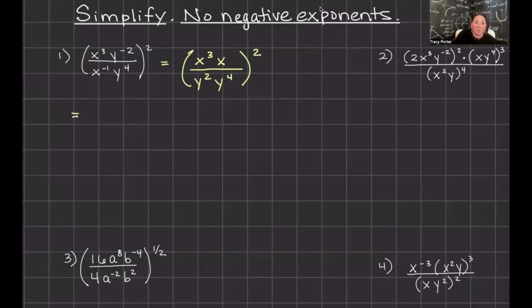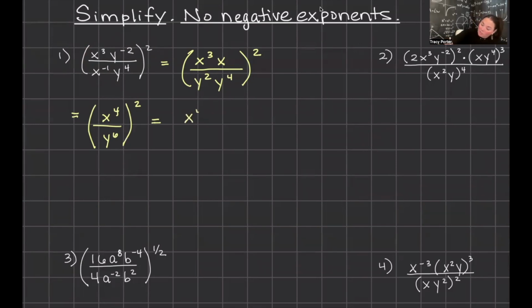Continue working inside the parentheses because now I have x to the third times just an x, which will turn into x to the fourth, because that's an x to the first, so we'll add those powers. And then in the denominator, y squared times y to the fourth will be y to the sixth. And then all of this is still squared. So using the property above, when you have a quotient raised to a power, both the numerator and denominator need to get raised to that power.